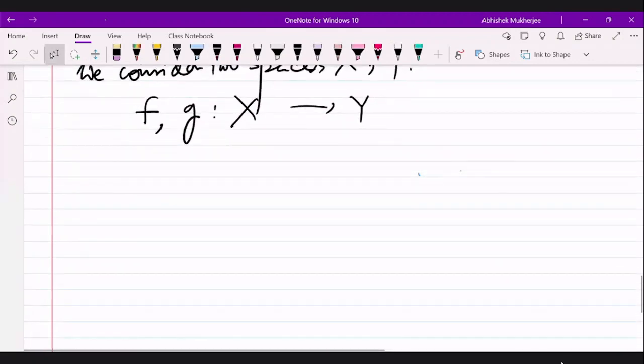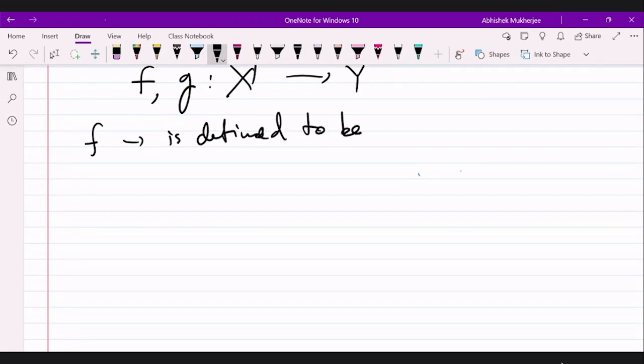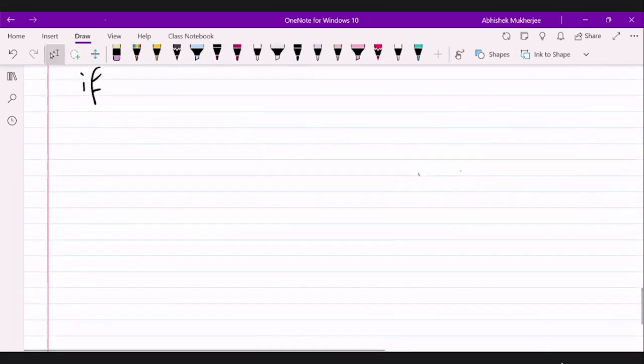Then F is defined to be homotopic to the map G if one can find a continuous map.